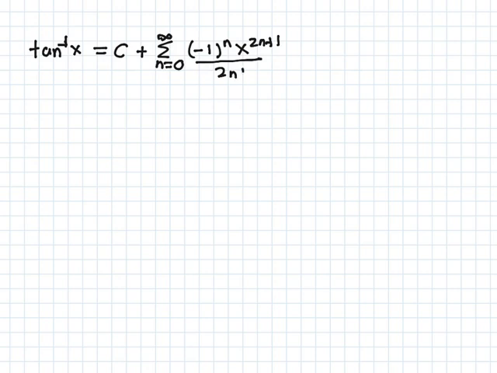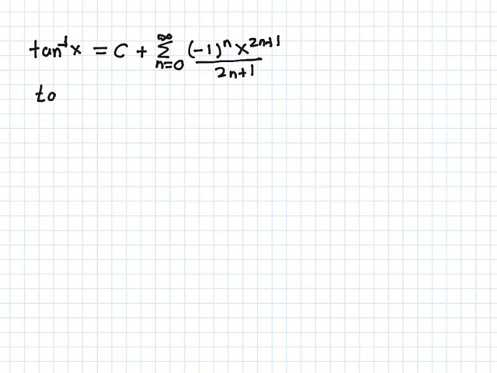So we have tan minus 1 x is equal to c plus the summation n equals 0 to infinity of minus 1 to the power of n, x to the 2n plus 1 divided by 2n plus 1. Plug x equals 0 into both sides.